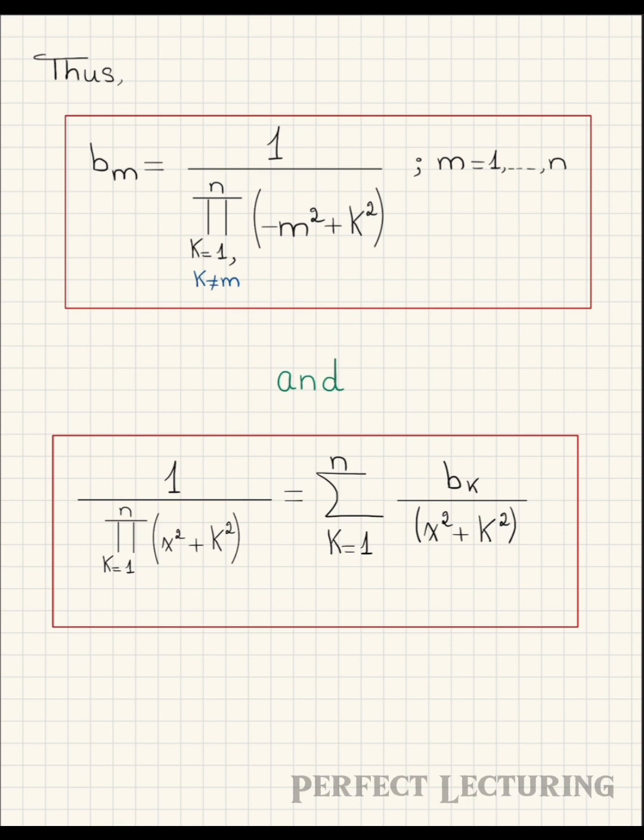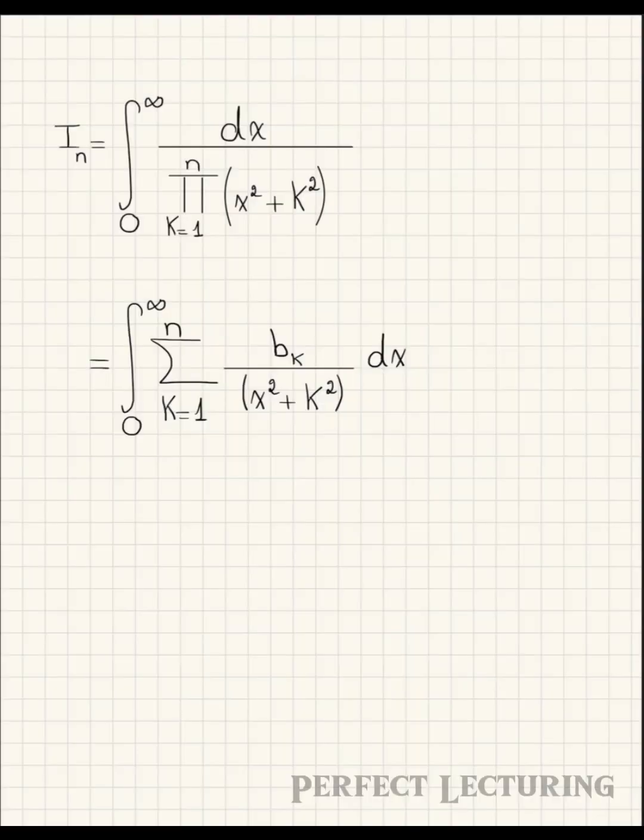Moreover, the integrand, which is this product, becomes the sum of these fractions, b1 over x squared plus 1 squared, up to bn over x squared plus n squared, and indeed, the integral now becomes solvable. So the integral, which I'm going to call In, can be expressed as the integral of a sum.